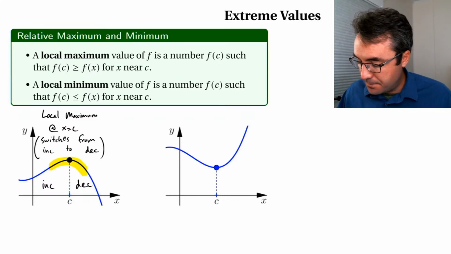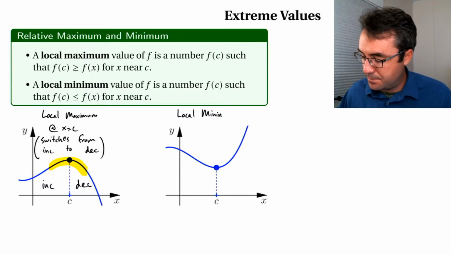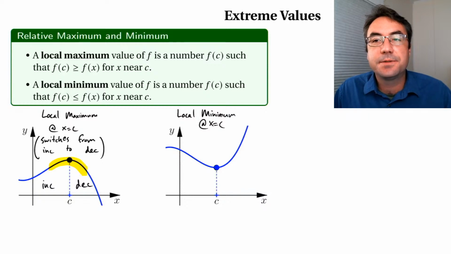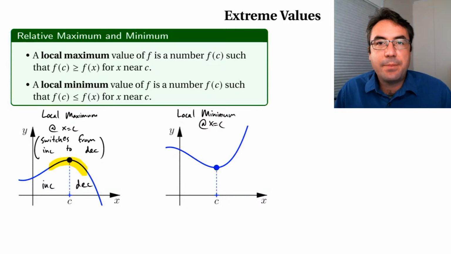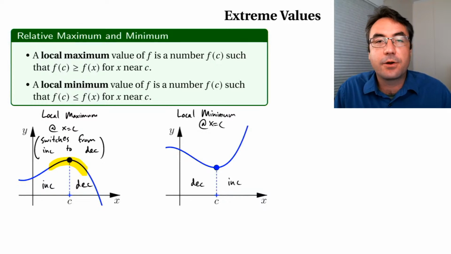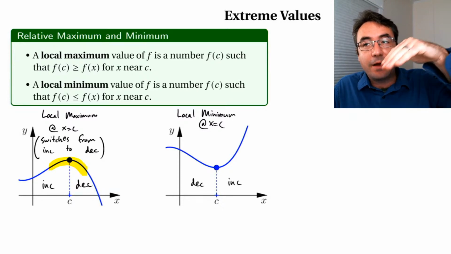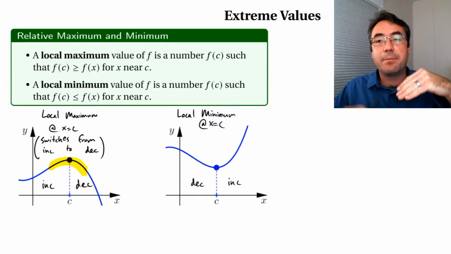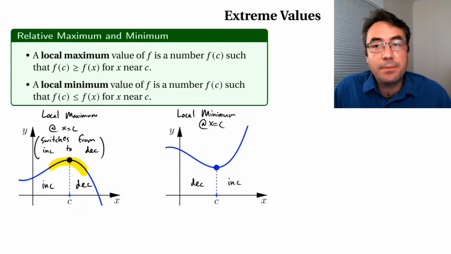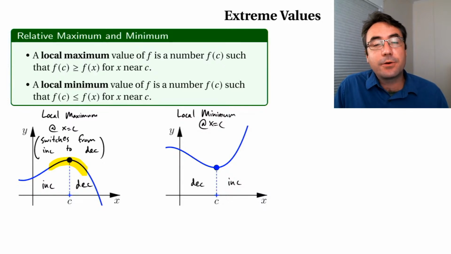Now in the other graph here, this is an example of a local minimum. So we have a local minimum in this case at x equals c. And again, let's see what happens to the left. So to the left, we have decreasing, and to the right, our graph is increasing. So on the left there, the graph is going down, and then on the right, it's going up. And so another way to characterize a local minimum, it's a low point on our graph.